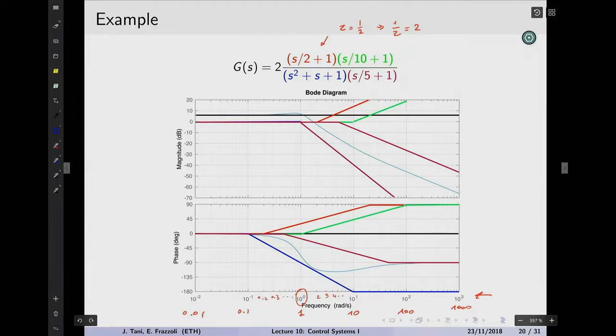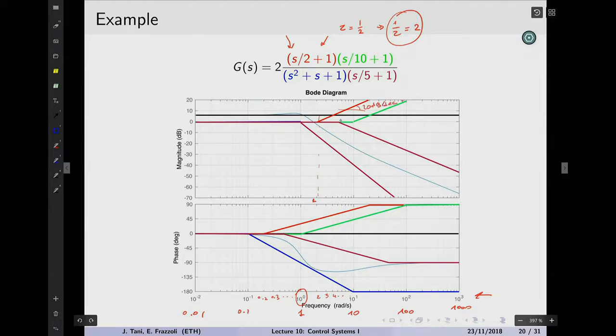So what is the contribution of this first term to the magnitude? Well, if you recall, you can go back through the slides, we're going to have a breakout frequency at 2 hertz, which is 1 over tau, and it's going to grow with 20 dBs per decade after that.